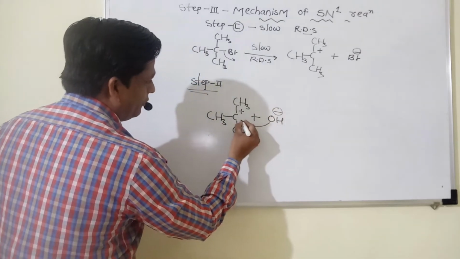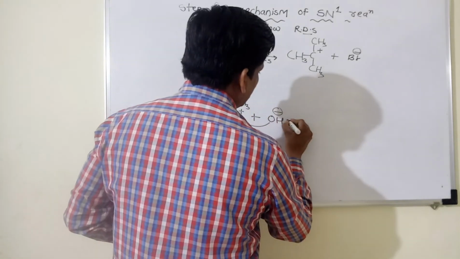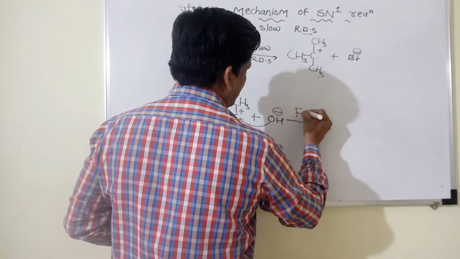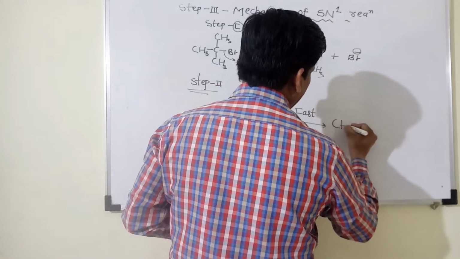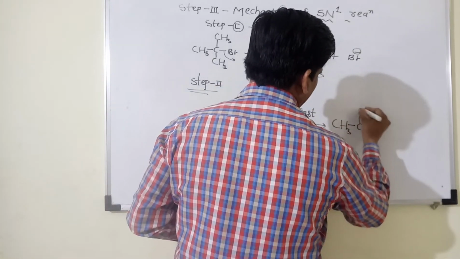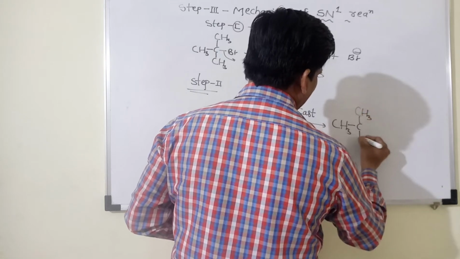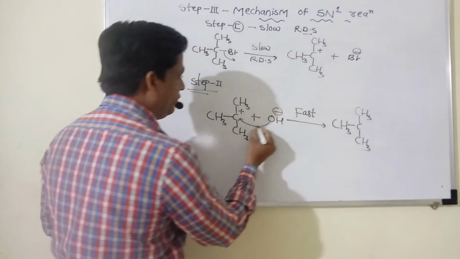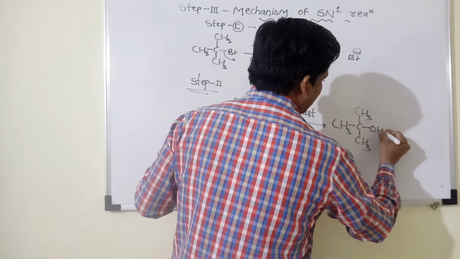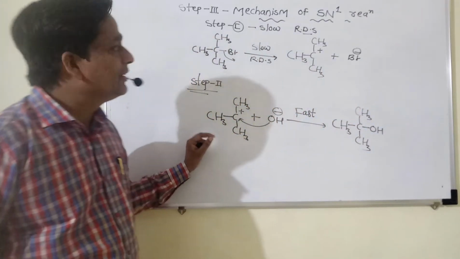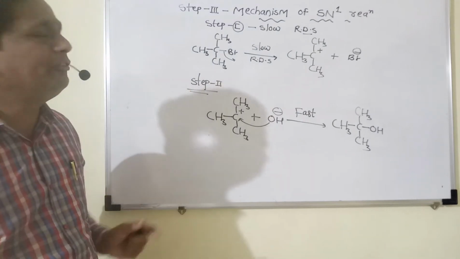This nucleophile will attack here. This is the fast step, and here we get tertiary butyl alcohol, because the nucleophile directly attaches to this carbon. This is the mechanism of SN1 reaction.